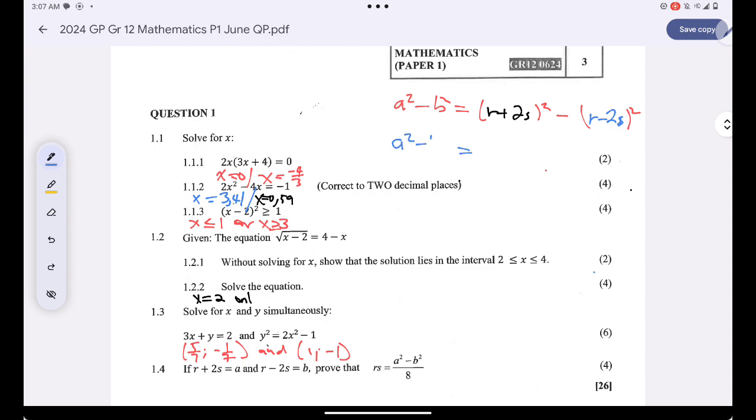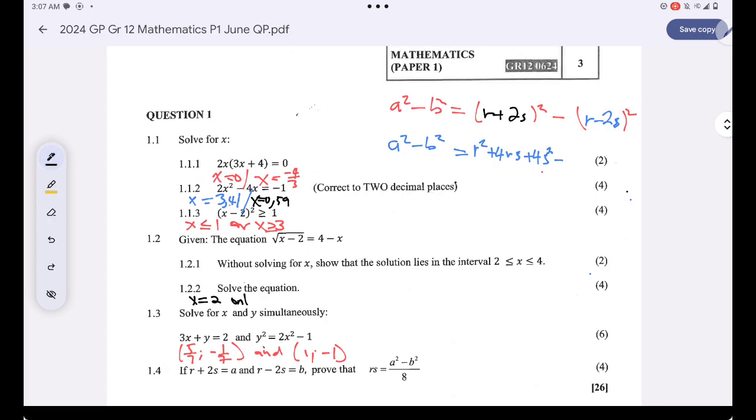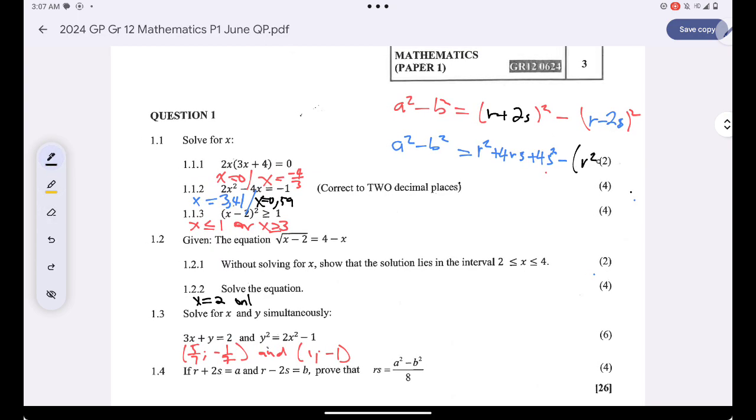This is still a squared minus b squared, right? Whenever I remove brackets, I will have r squared plus 4rs plus 4s squared, minus r squared minus 4rs plus 4s squared all together.